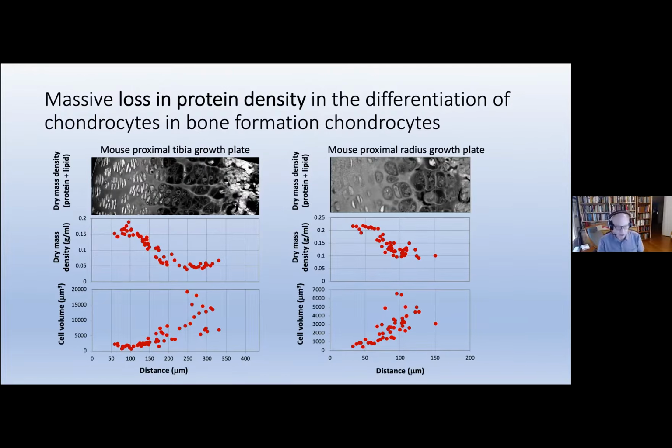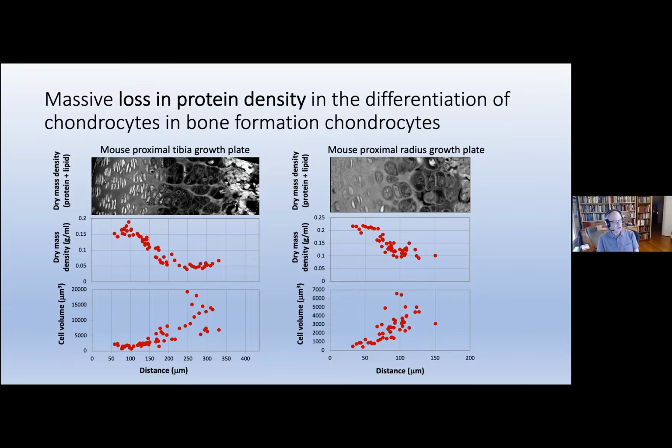But of course, in other types of tissues, protein density is part of the differentiation process, typically in bone, where we can see the change in dry mass density. This is now looking at protein plus lipid, and it's different for different types of bone as they grow.